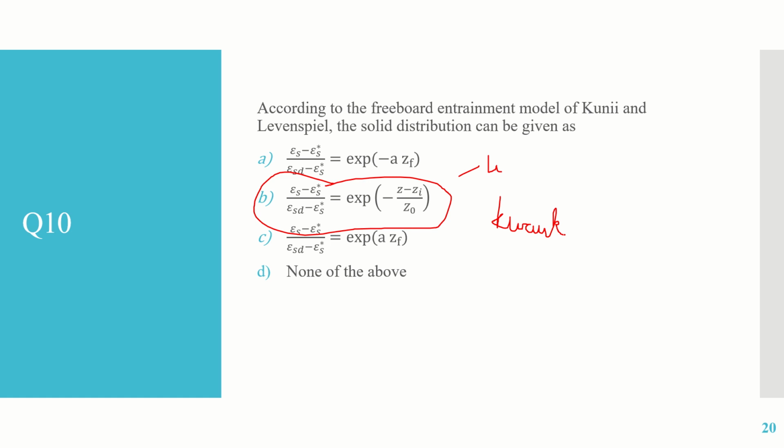The axial solid distribution in the Lee and Quack model is given by option B. So for the freeboard entrainment model of Cooney and Levenspiel, option A, epsilon s minus epsilon s star divided by epsilon sd minus epsilon s star is equal to exponential of minus a into zf, is the right answer.